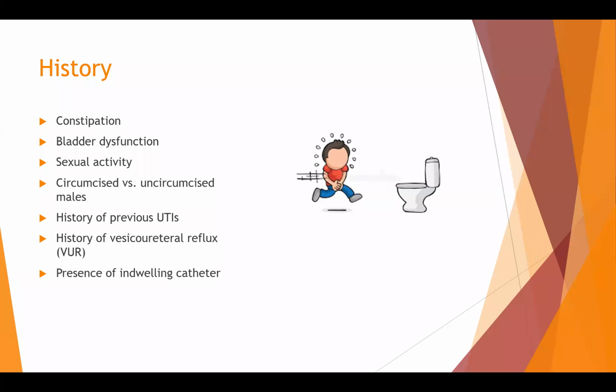Have you been worked up for reflux? Are they supposed to be on any sort of prophylactic antibiotic, which we'll go into a little more at the end? Or do they have an indwelling catheter, or are they someone who has to in and out cath at home? All of these things are good to ask about.